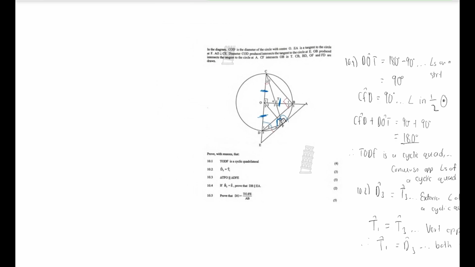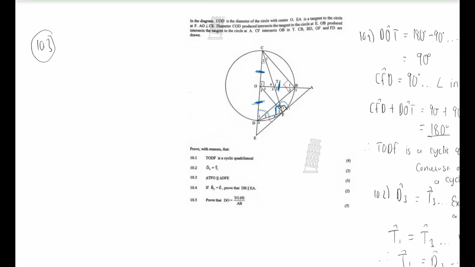So now we're coming to 10.3. You must prove that triangle TFO is similar to triangle DFE. So we're going to do a rough sketch here. When you're solving similarity questions, you're already given which angles are going to be equal.